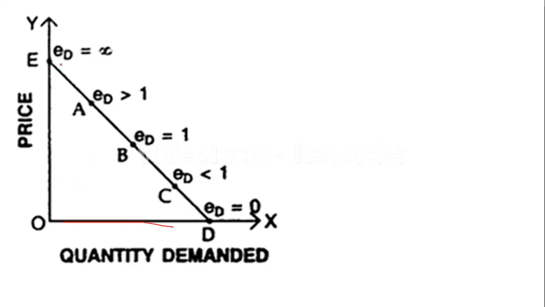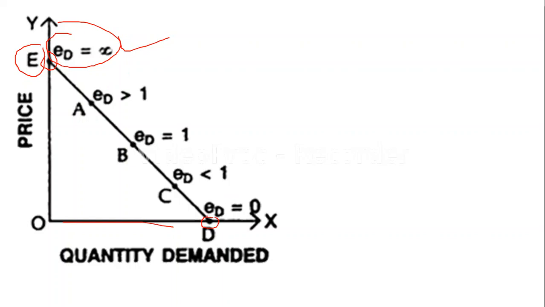Here ED is the demand curve, and we are going to calculate the elasticity of demand as lower segment divided by upper segment. So if you want to calculate elasticity of demand at point E, here elasticity of demand is equal to infinity, because lower segment is ED divided by 0. This is equal to infinity.